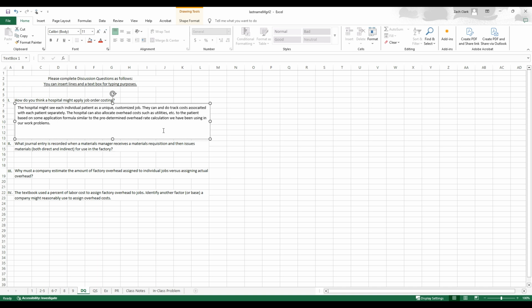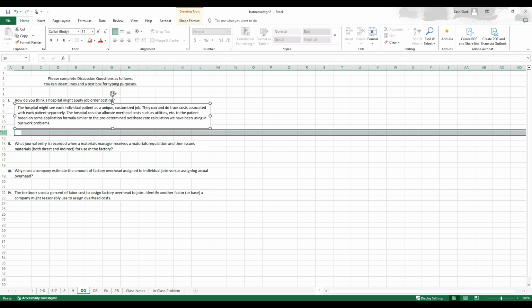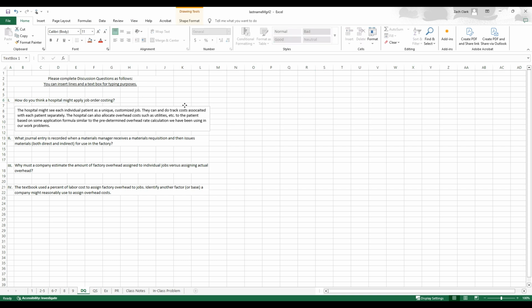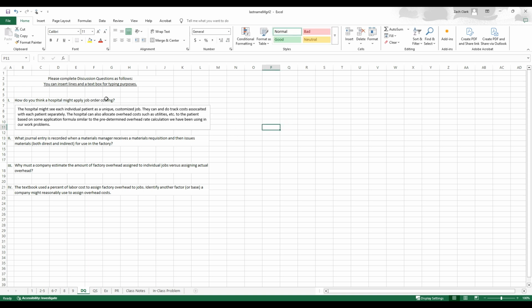So something similar to that, right? This is more of a conceptual problem, and just kind of thinking through how this could apply to different types of businesses, service provision basically for a hospital, right?